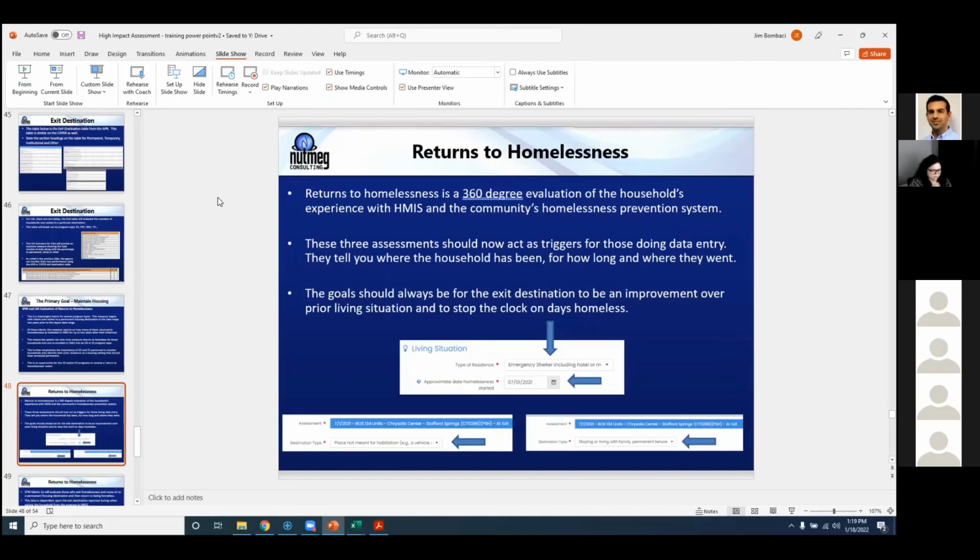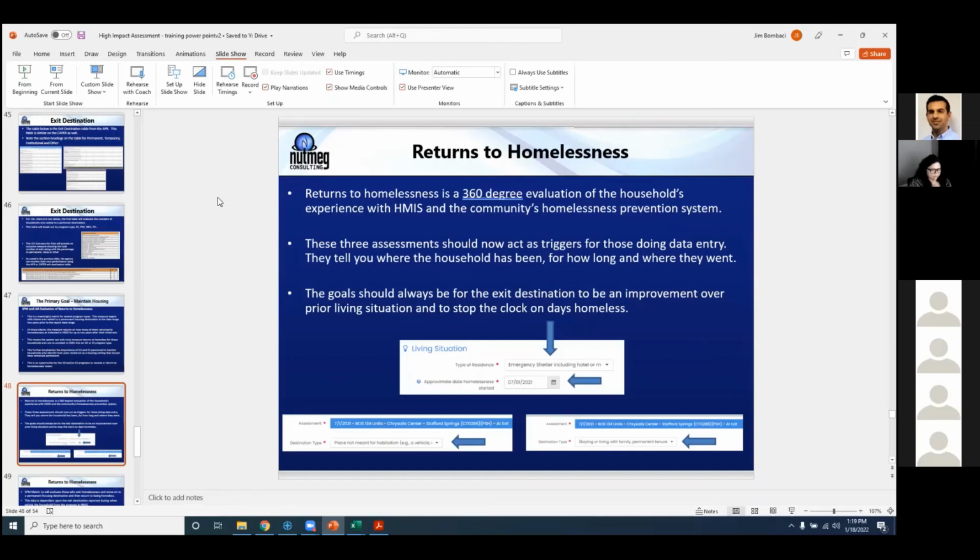So when I say that notion of trying not to be robotic, again, it is important to get the data in, but it's also important to have those alarm bells go off when certain responses are collected. So if you're sitting across from the client, in street outreach or ES, and the client says their prior residence was one of those housed environments, that's where you want to stop and say, okay, let's evaluate this and see if we need to bring somebody else into this conversation to get you back into housing.